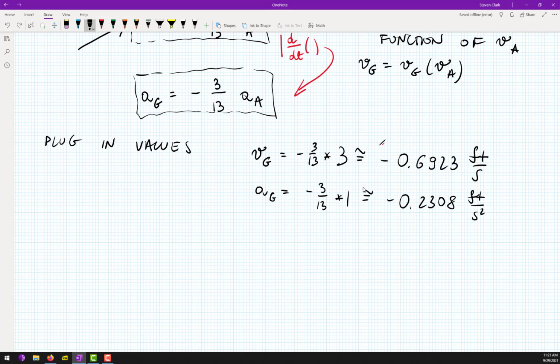So you can also write here that VG points up and AG points up. Okay, that's the first example of today. Any questions?